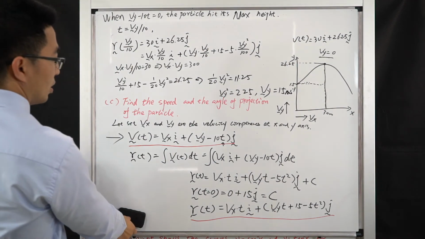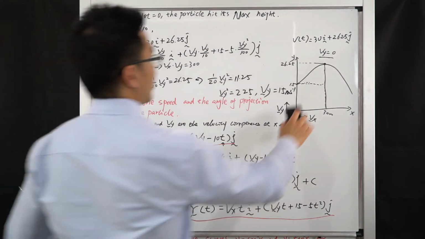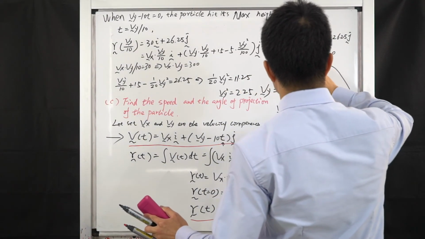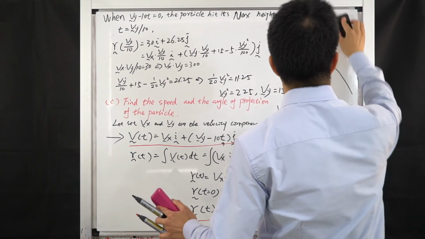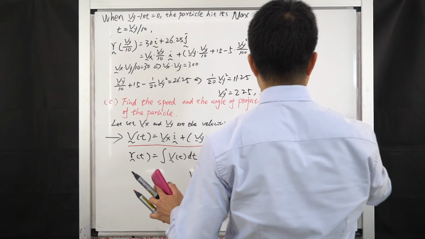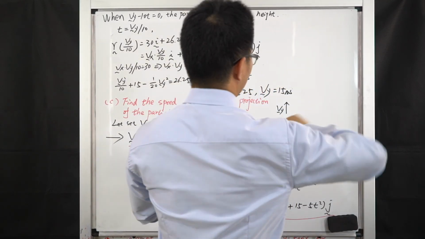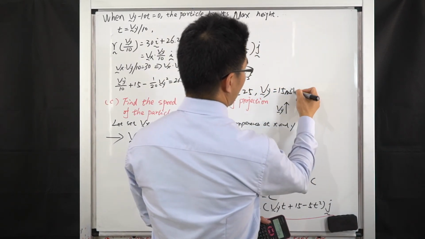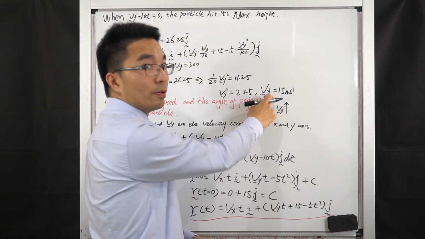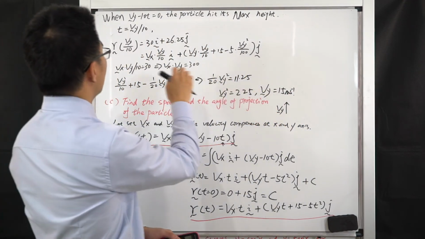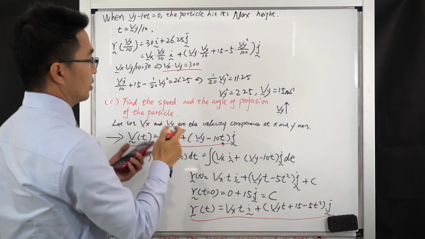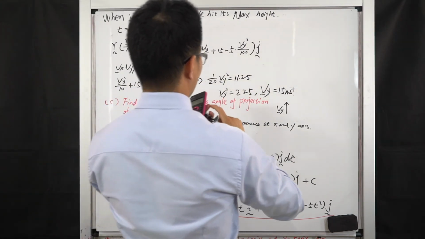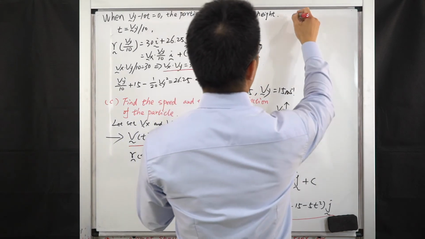Okay, write down over here: 15 meters per second. We get the value for Vy. Then from here to this one, we can get the value for Vx. Okay, I use the red color.